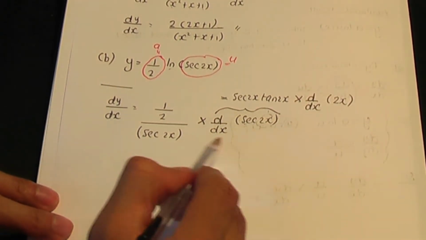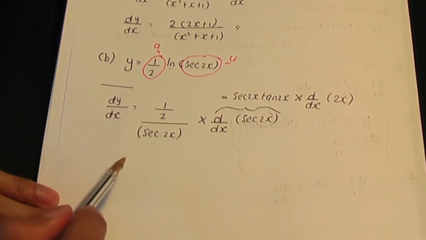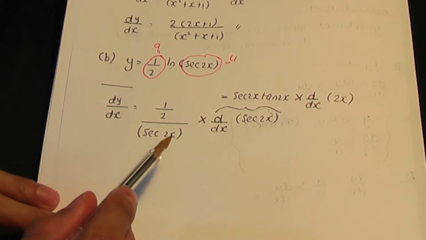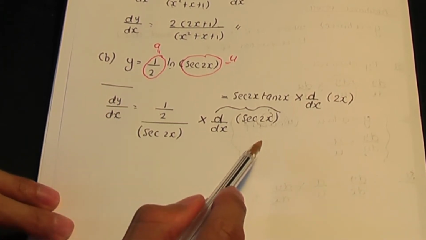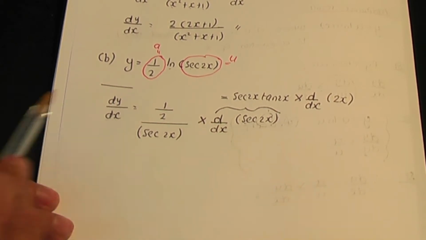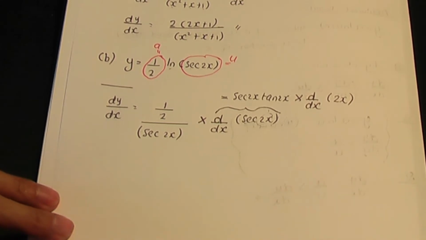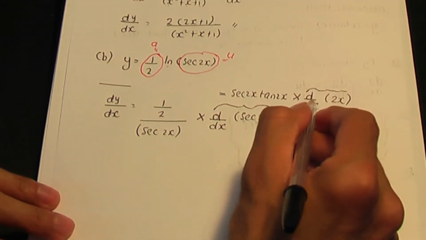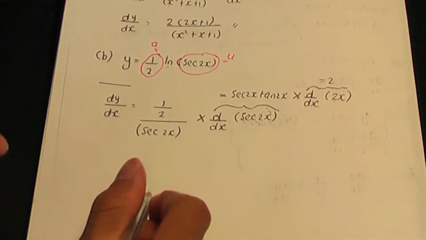If you're unfamiliar with the derivatives of trigonometric functions, be sure to watch the video I created, which illustrates how you differentiate trigonometric functions. Okay, so back to the example, d by dx of 2x is simply 2.